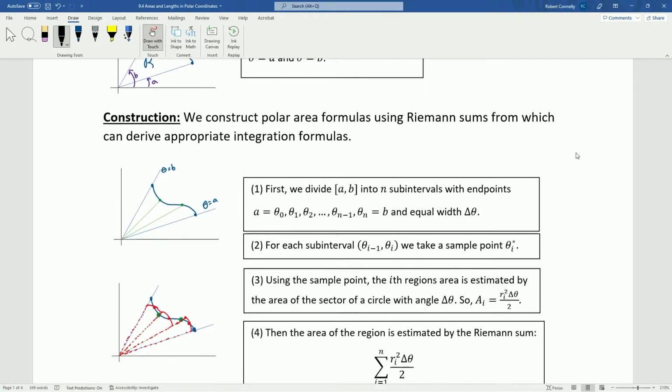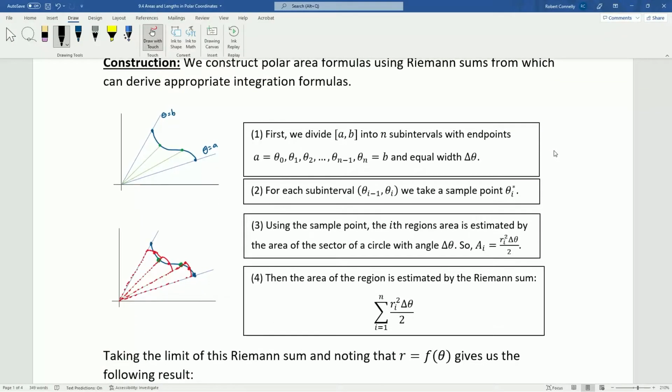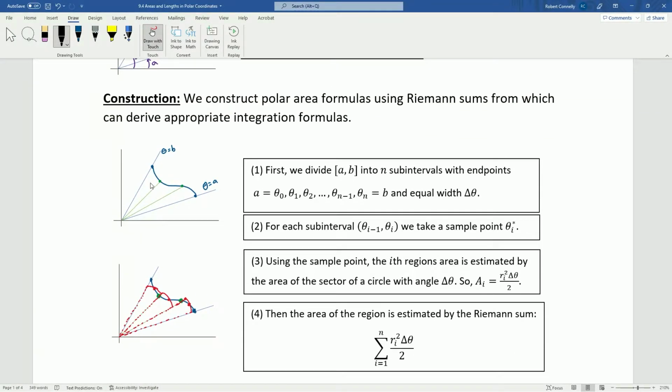So we take our region, we divide it up into 3 polar segments, so subintervals of AB. Now, in general, we'll do n segments, but in the image, we're just looking at 3 segments. So you break this up into 3 pieces, which is 4 different points that you've divided your interval on.